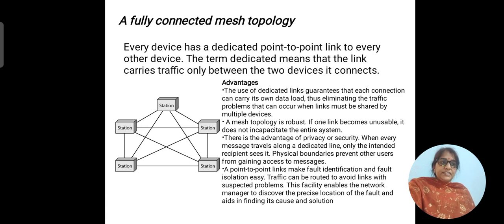A point-to-point link makes fault identification and fault isolation easy. Traffic can be routed to avoid links with problems. This facility enables the network manager to discover the precise location of the fault and aids in finding its causes and solutions.